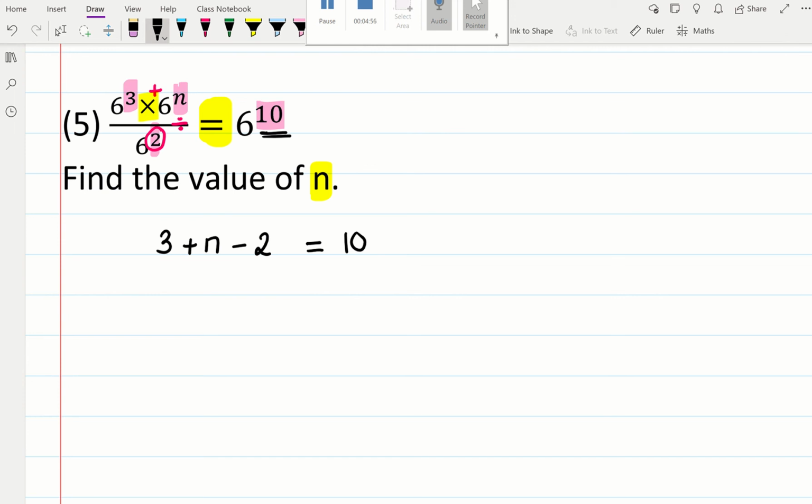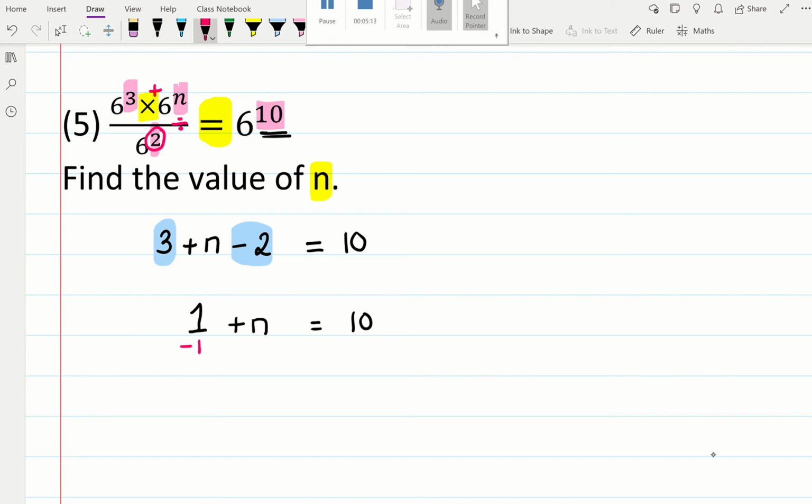And then we answer the question. 3 take away 2 is 1. That means 1 plus n equals 10. That's an equation, a very easy equation that you can solve.